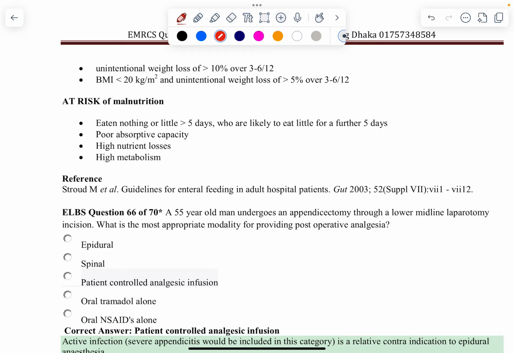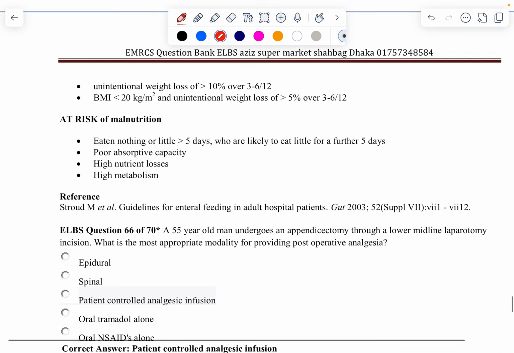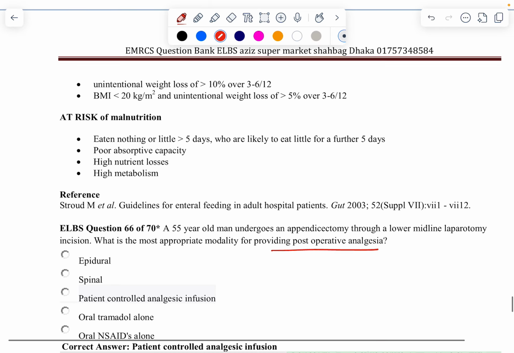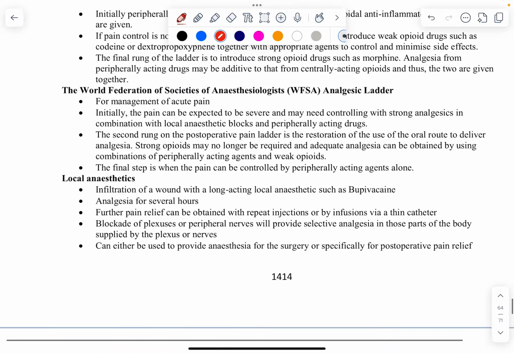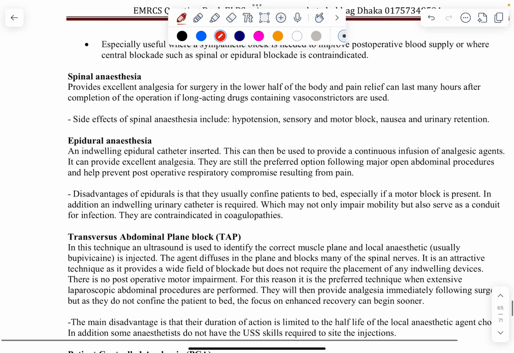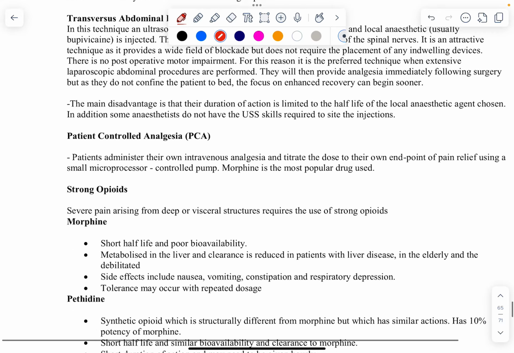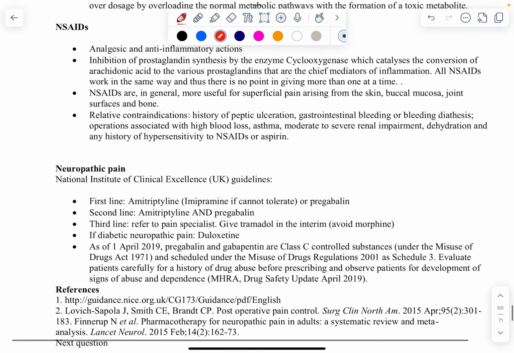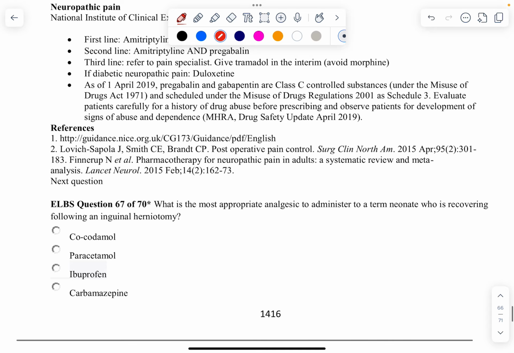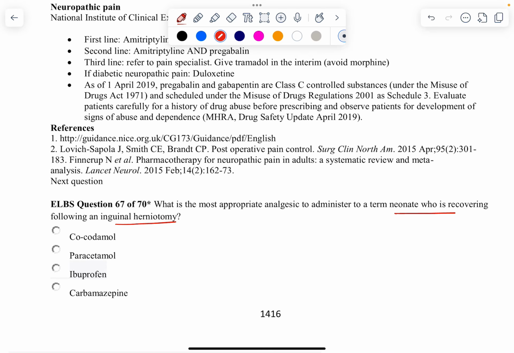A 55-year-old man undergoes appendectomy through a lower midline laparotomy. What is the most appropriate mode for post-operative analgesia? Patient-controlled analgesia. The most appropriate analgesic administered to a neonate recovering following inguinal hernia repair is paracetamol.